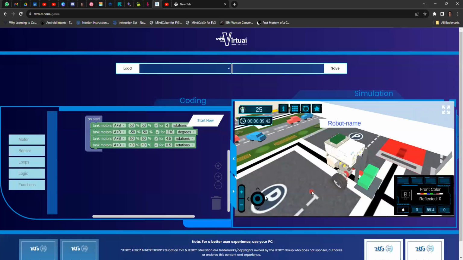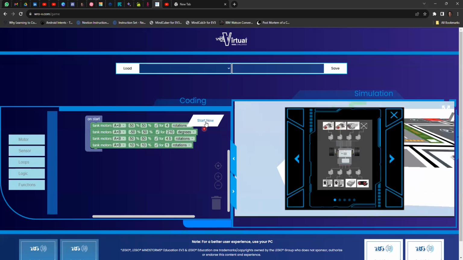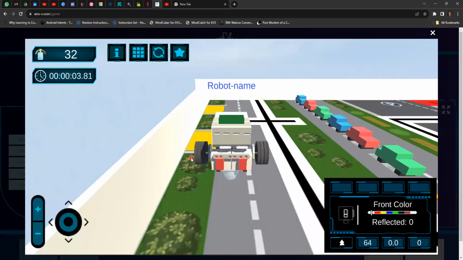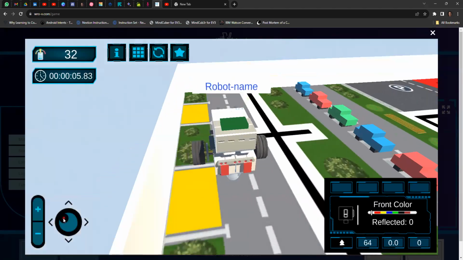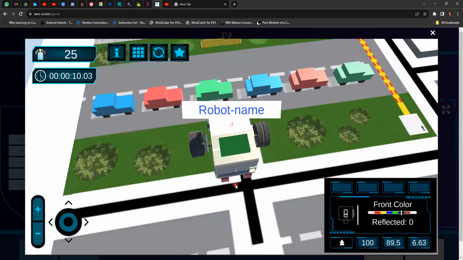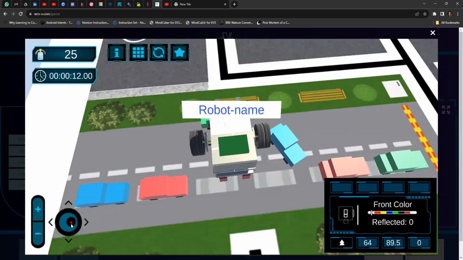Do you agree with me? Yes, yes. You need 0.25 rotation. No need for this. I'll just make this 0.5 rotations at 10%. I'll make it 1 rotation. So that, again, we will be moving at a slow speed so that it will not miss the car. It's not gonna miss the car this time, I'm sure of it.